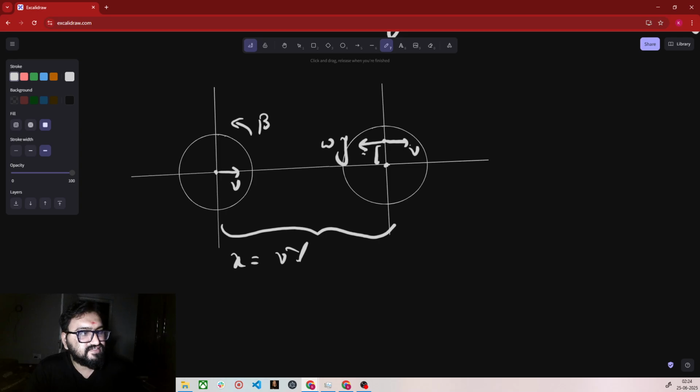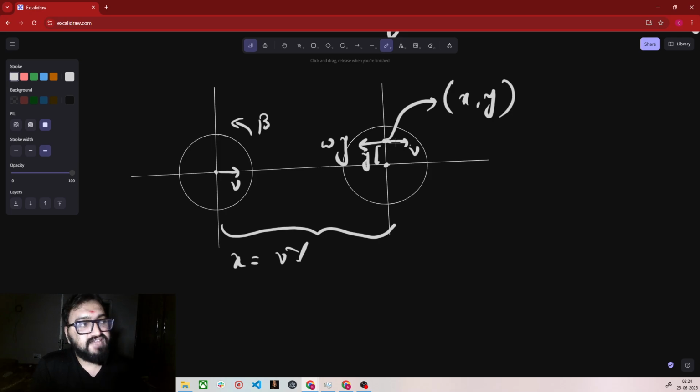Because this distance is nothing else but y, the y ordinate of my instantaneous axis of rotation. Basically its coordinate will be x comma y. Now these two components of the velocity are in opposite directions, which means that the net resultant of these two velocities can be equal to 0.